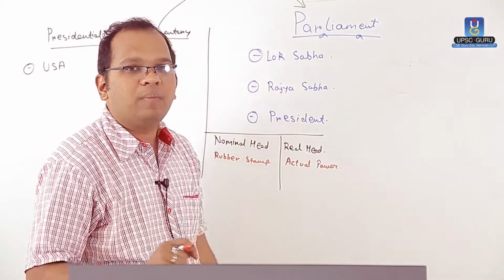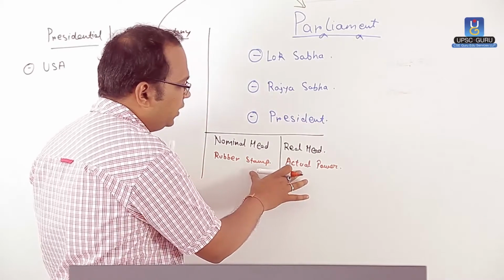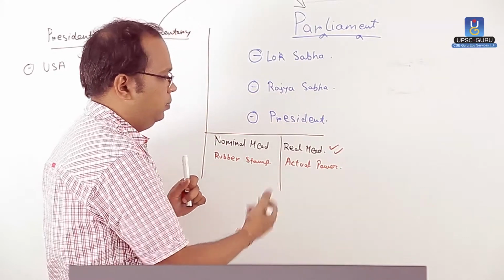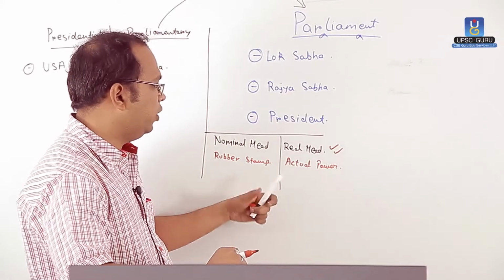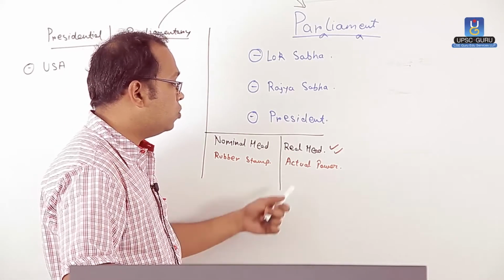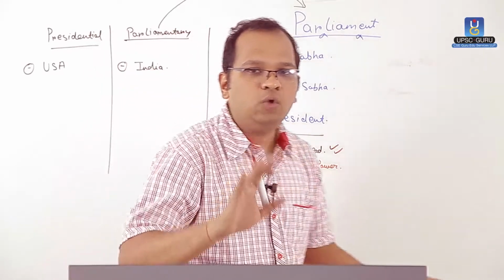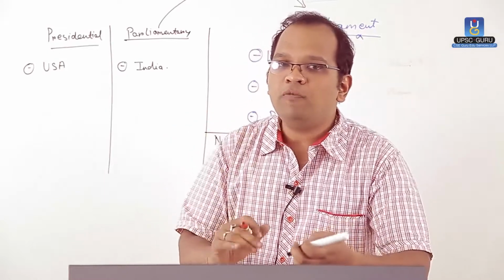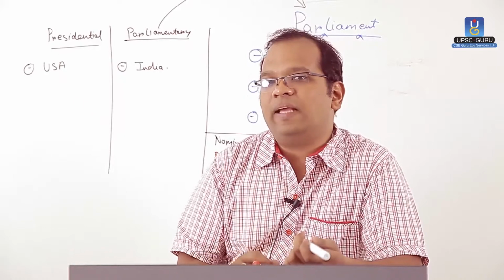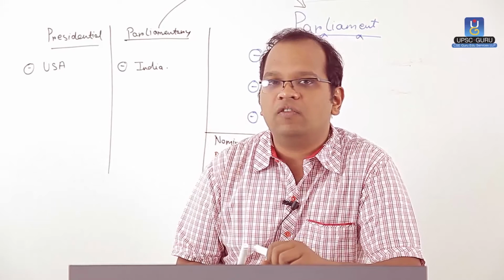What does this mean, rubber stamp? Now on the basis of these two things I am taking a short discussion. So students who are watching this video, you just write down this concept in your copies. So what is this actual power and what is this rubber stamp? See, even if you are not aware of the parliamentary form of government in India, take an imagination that the president in India is the head of the government.